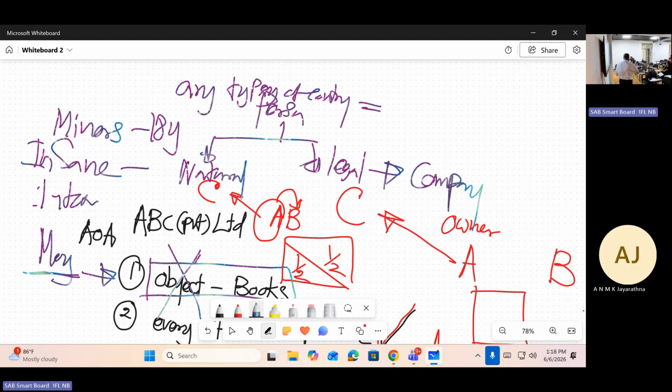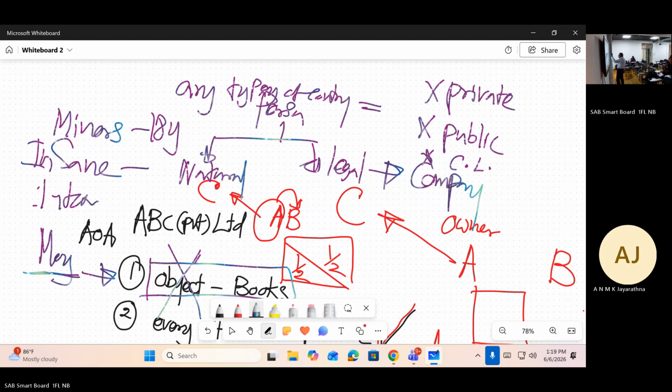Basically, we can identify private company, then public company, and companies limited by guarantee.